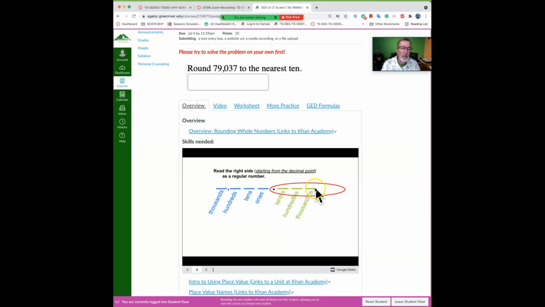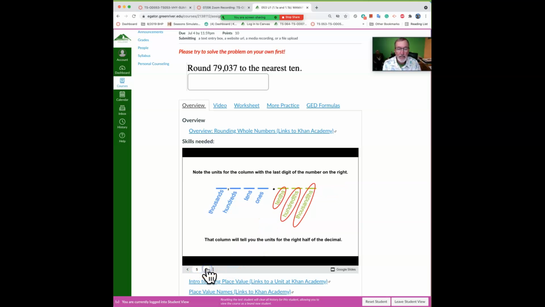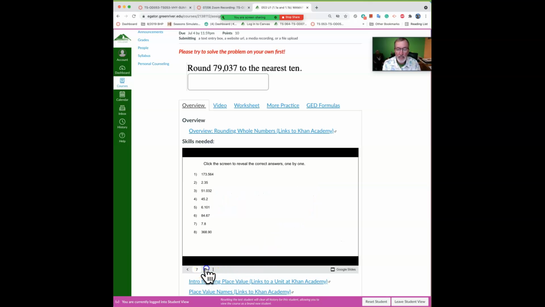If there were 3 numbers here, like 3, 4, 5, it would be 345 thousandths. So you're going to need to know the names of these columns in order to read these decimals, and also in order to understand how to round numbers. So you can go through the whole thing. There's just a few slides, and then there's a little test area, and you just keep clicking the slide to see how to read those numbers.